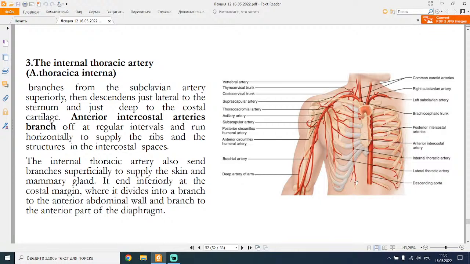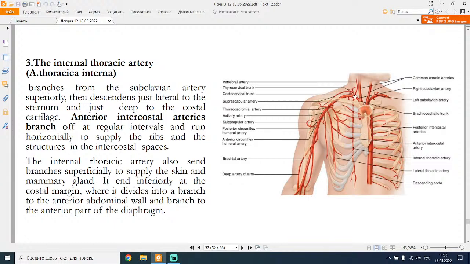Anterior intercostal arteries branch at regular intervals and run horizontally to supply the ribs and structures in the intercostal space.